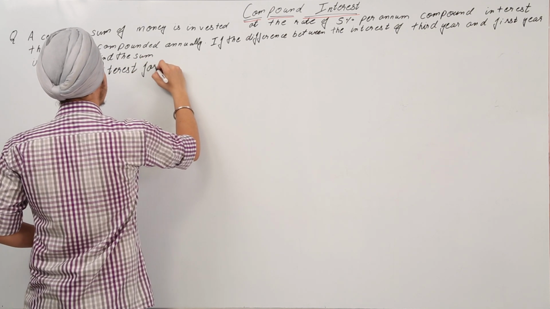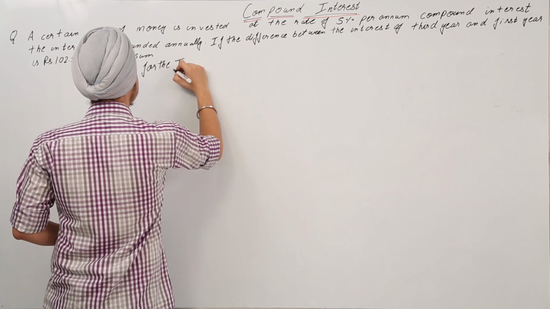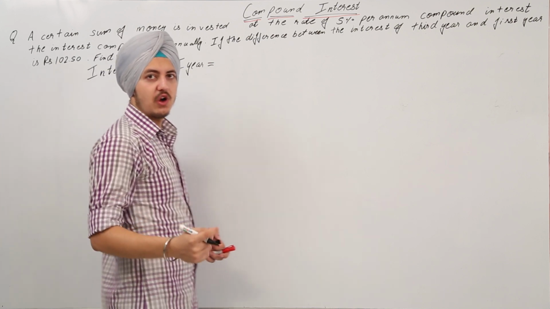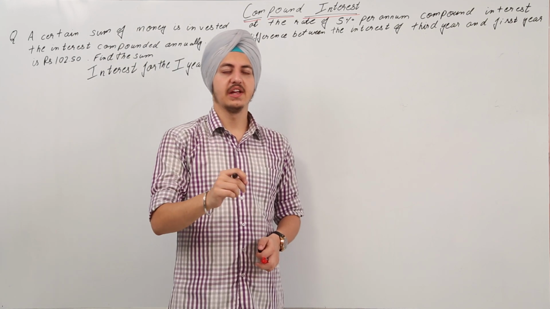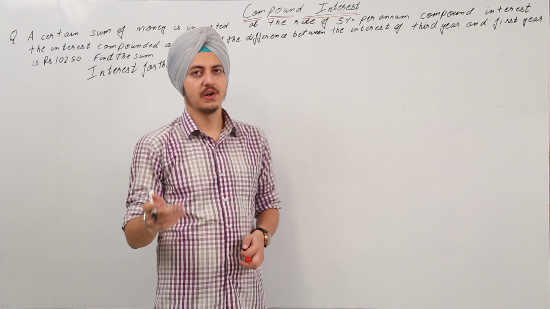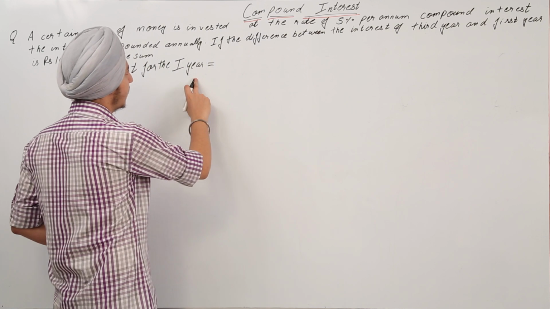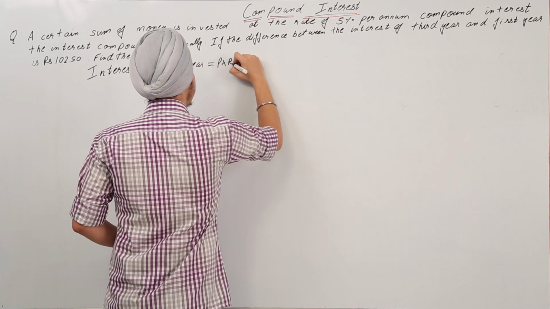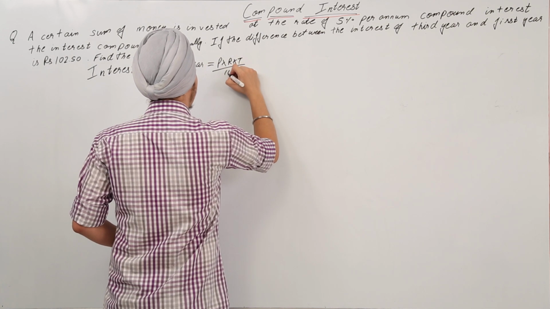Interest for the first year is equal to, as we all know, for the first year the compound interest and the simple interest are equal. So I will write it in the form of simple interest, which is P into R into T upon 100.